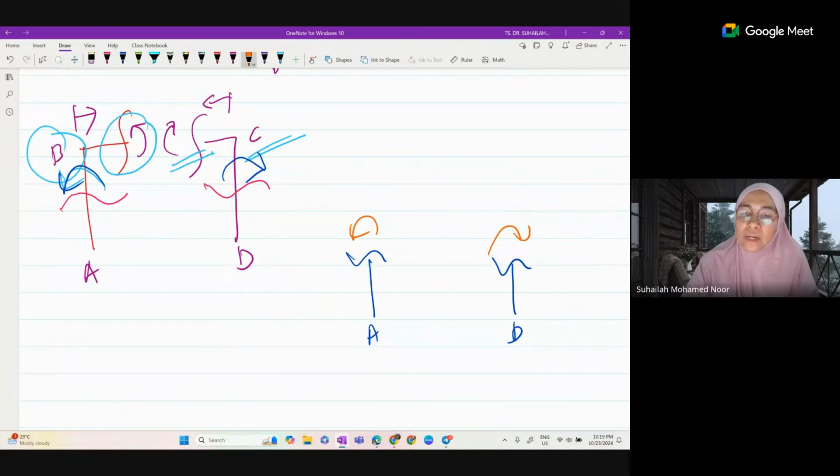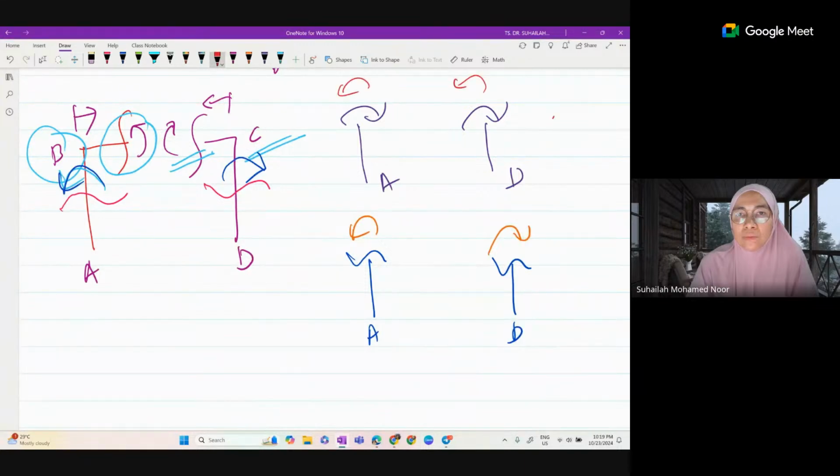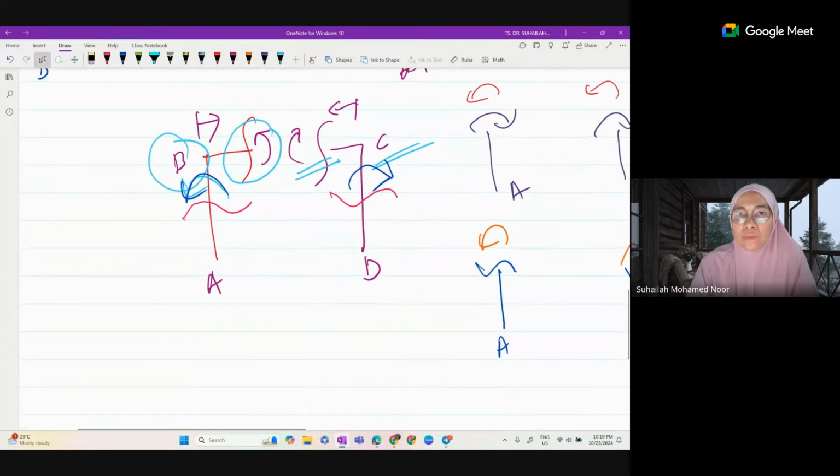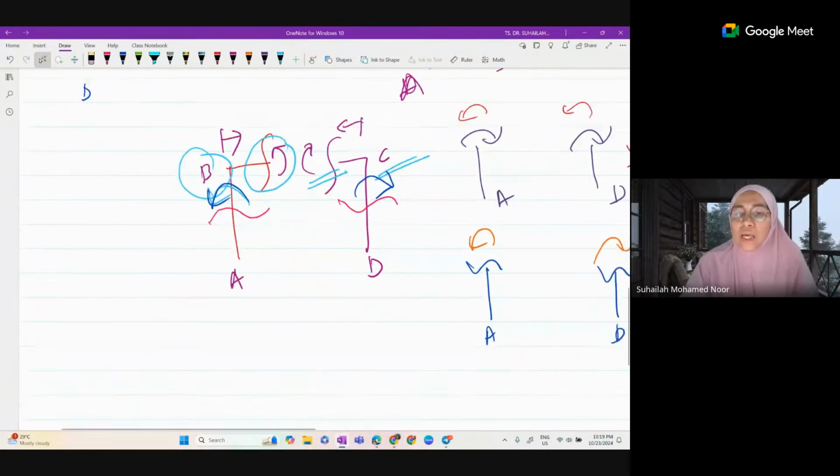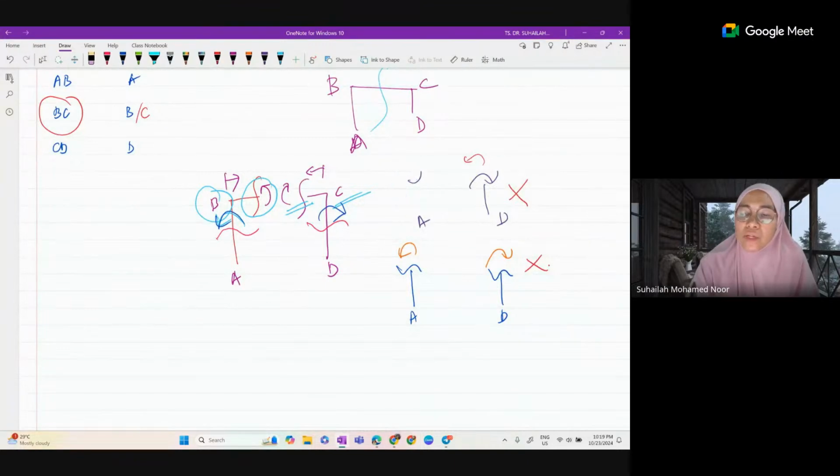Okay, kat sini semua kena careful sebab ramai yang bila dia lukis kolom AB and kolom CD, dia pergi buat dua-dua sama. Ini A, ini D. Dia pergi buat dua-dua sama macam ni, or ada yang buat dua-dua sama macam ni, which is wrong. Dia mesti dua-dua keluar. Sebab apa? Sebab origin from left, origin from right.